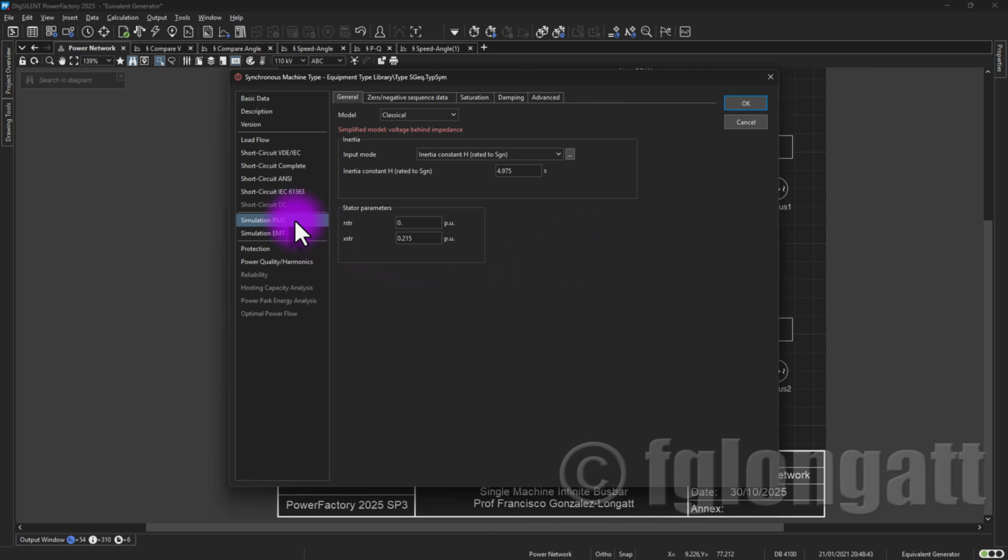If we look at the dynamic model, again, we are using the most simple dynamic model. The rotational inertia is based on the rated apparent power, and the value is 7.975 seconds. And the reactance, you can see over here, is 0.215 per unit.